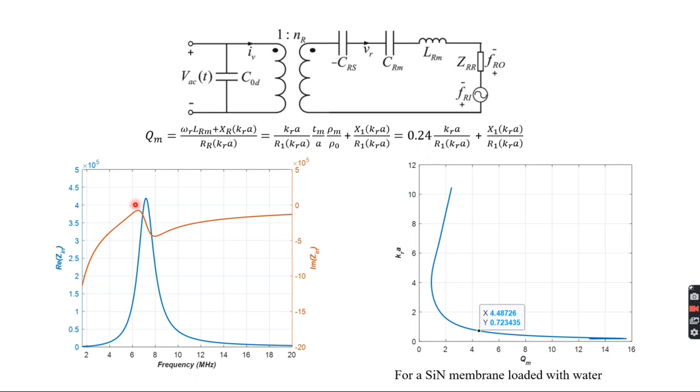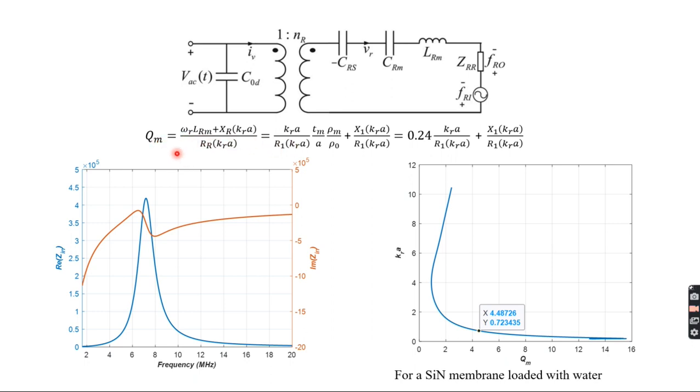The first advantage of using the circuit is that all the physical quantities of interest, like resonance frequency, mechanical quality factor, the bandwidth, each and everything can be found in terms of the circuit elements. For example, the mechanical quality factor can be written in terms of the mass of the membrane and the reactive loading, or the mass of the acoustic medium you add to the inductance.